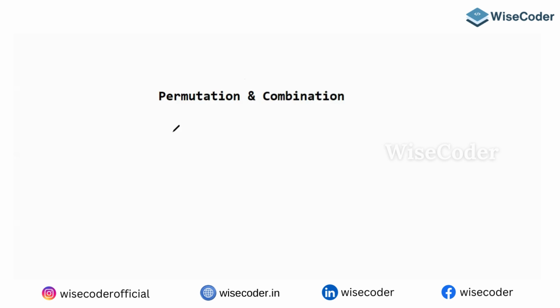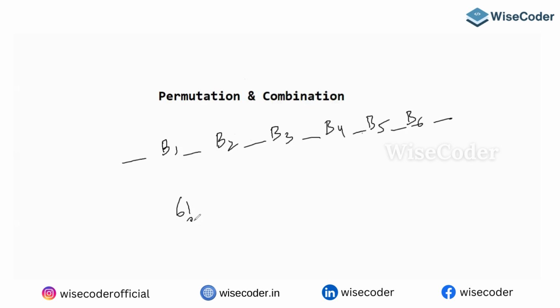Boys. So how many boys are there? Boy 1, boy 2, boy 3, boy 4, boy 5, boy 6. 6 boys will make how many spaces? 7 spaces. So boys can be arranged in 6 factorial ways.